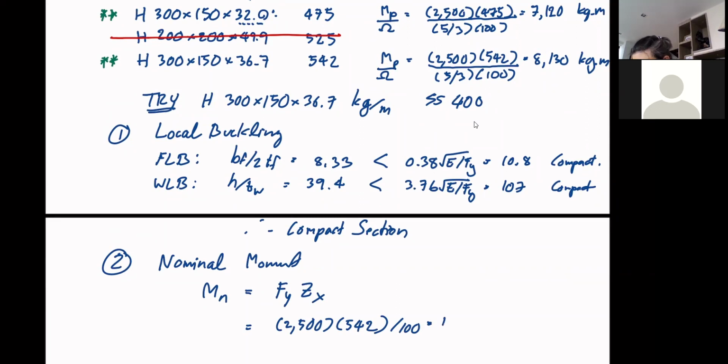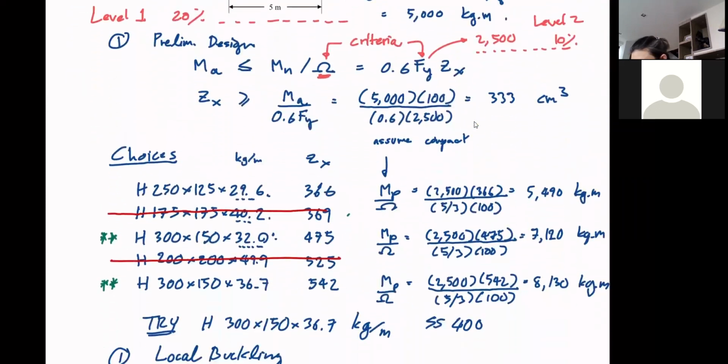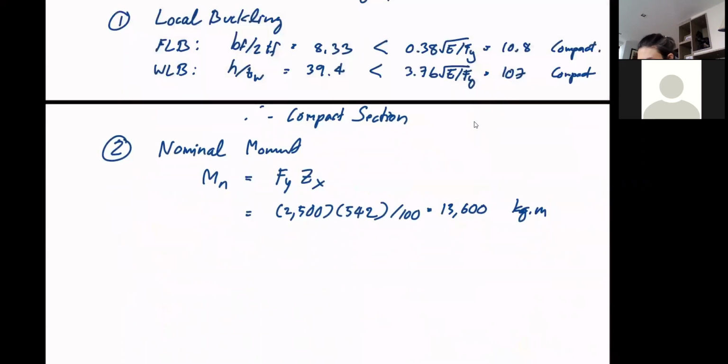So it's wow, a lot, in kilogram meter. Now, what do we have here? We have Ma, right? And so let's go. M nominal over factor of safety, that's this divided by 1.67, right?